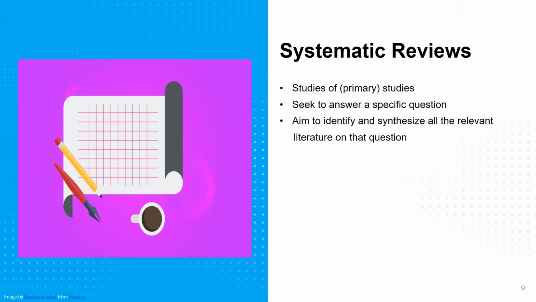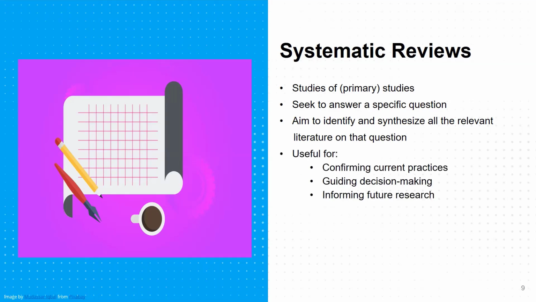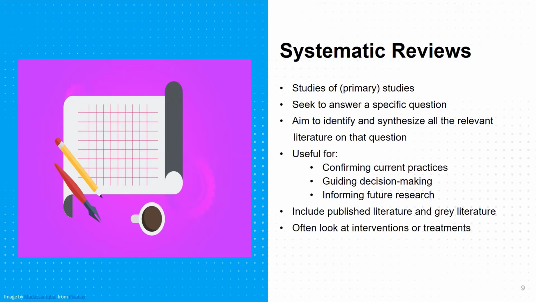So this is searching databases, and it's also searching gray literature, unpublished literature, like working papers, like conference papers, a lot of different things. Systematic reviews are useful for confirming current practices, for guiding decision-making and interventions, and for informing future research. As I mentioned, they include published literature and gray literature.